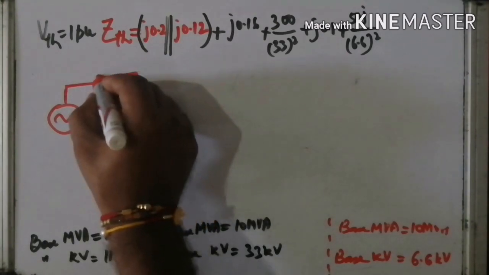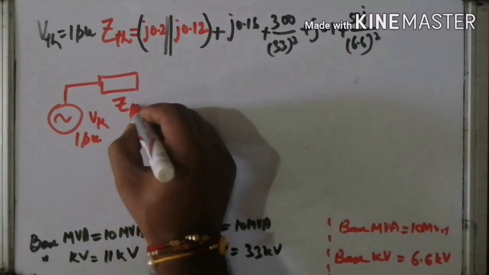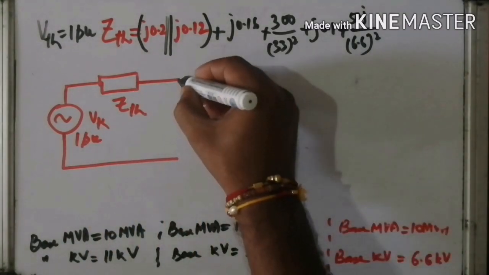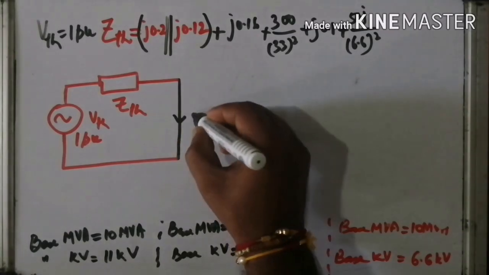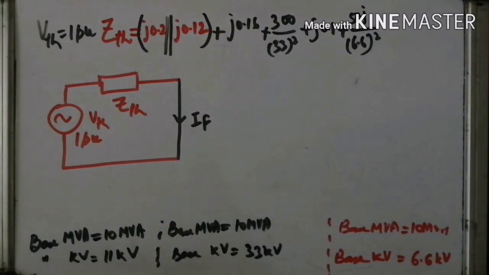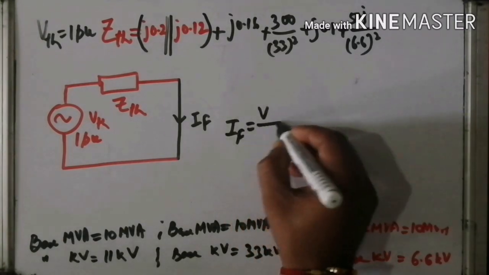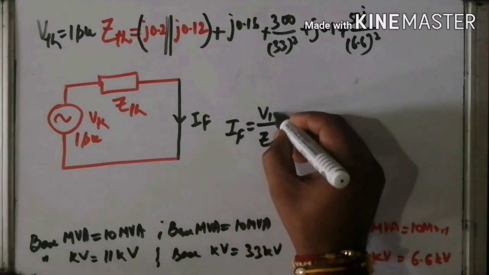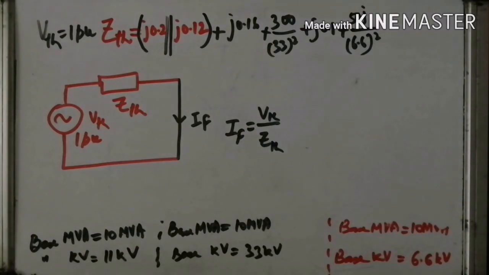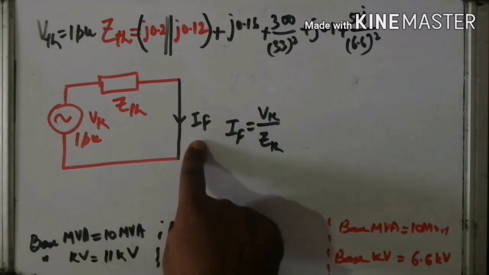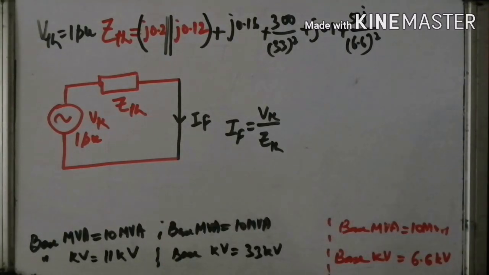Then after impedance, that is ZTH, and then the point where the fault current will flow. IF is the faulty current, and the value of IF is given by the formula V divided by Z, right? Once you calculate the value of ZTH over here, then after we can calculate the value of fault current.